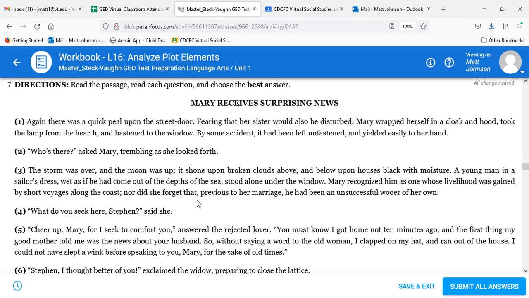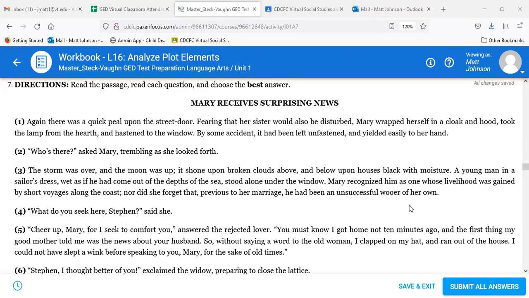A young man in a sailor's dress, wet as if he had come out of the depth of the sea, stood alone under the window. Mary recognized him as one whose livelihood was gained by short voyage along the coast. Nor did she forget that, previous to her marriage, he had been an unsuccessful wooer of her own.